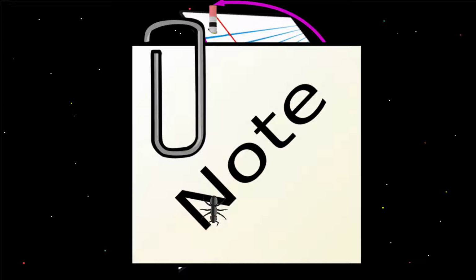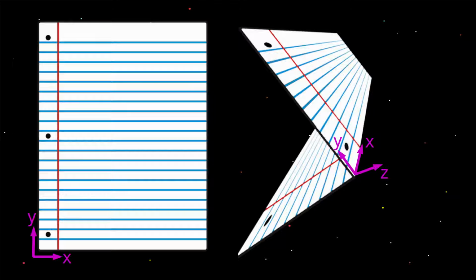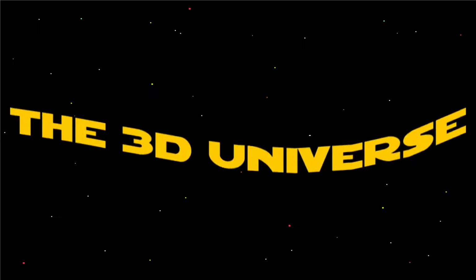Now there are two important things to talk about with respect to wormholes. First, notice that in the example of the paper, the wormhole was only made possible by allowing the two-dimensional paper to exist in a three-dimensional space. What that means for the real 3D universe is that wormholes can only properly be viewed as we watch the three-dimensional universe twist in four-dimensional hyperspace.